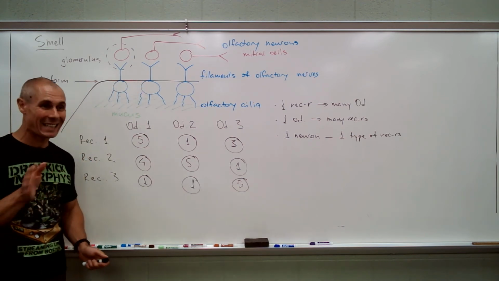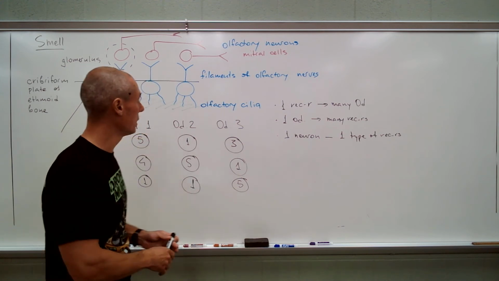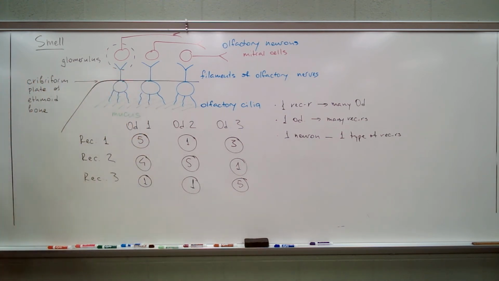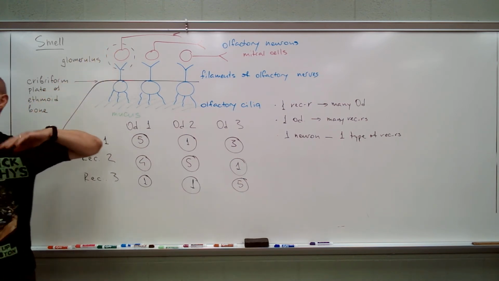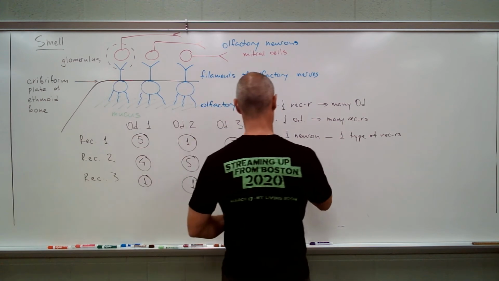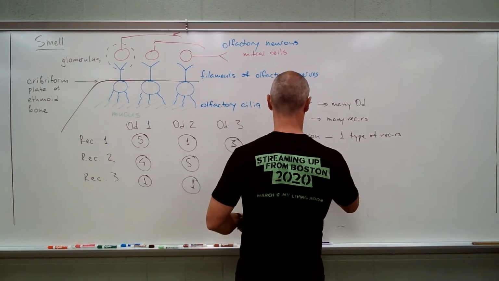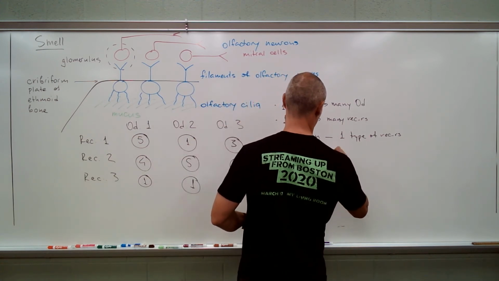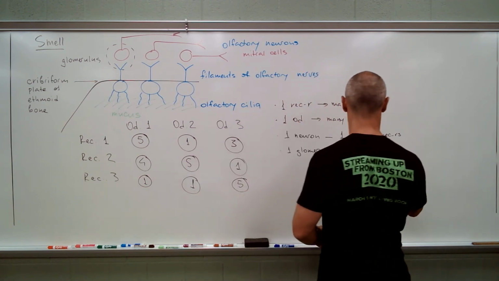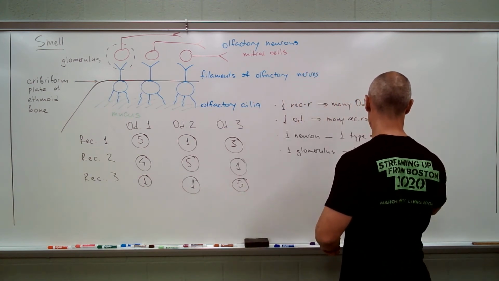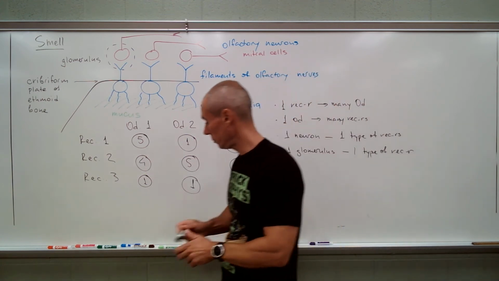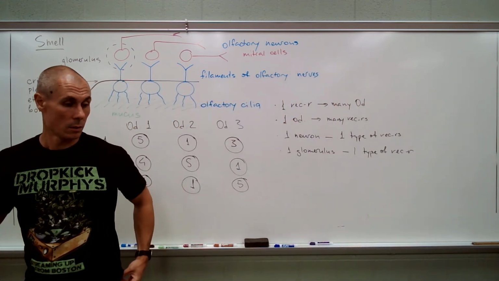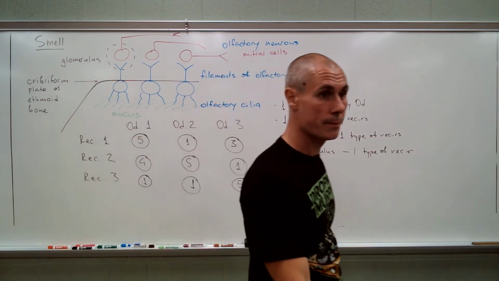One neuron cannot carry different receptors. And also, all olfactory neurons in the glomerulus carry the same receptor. Does that make sense?